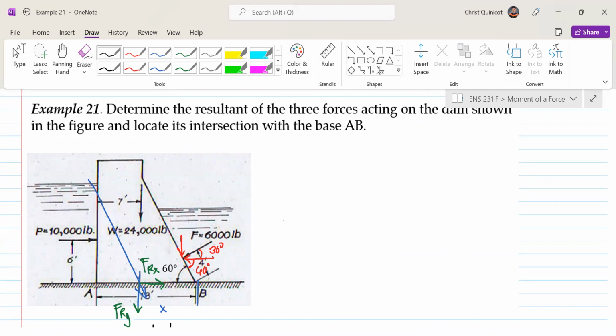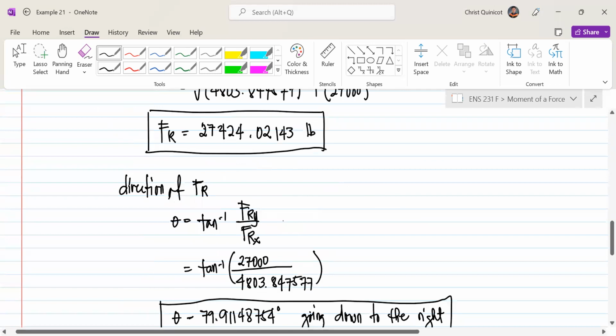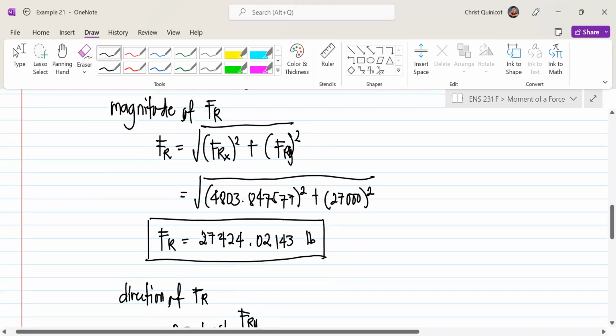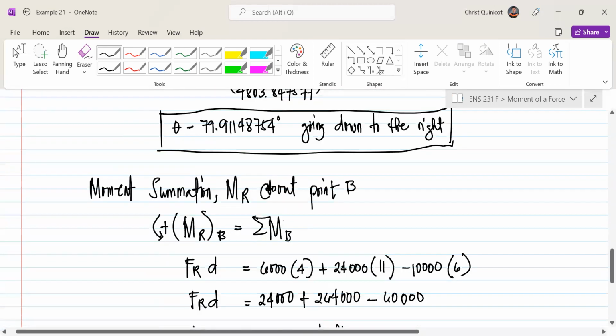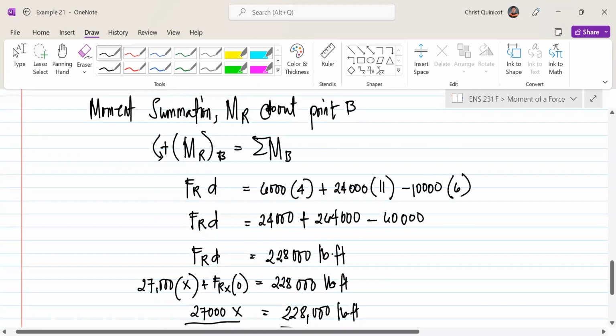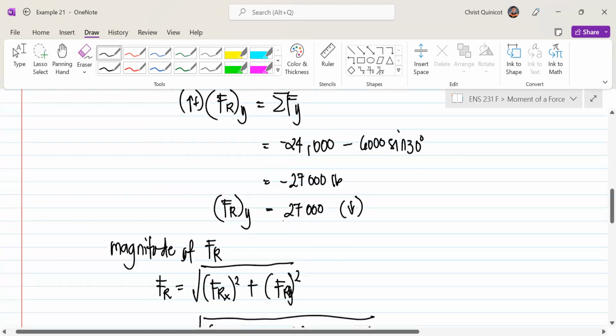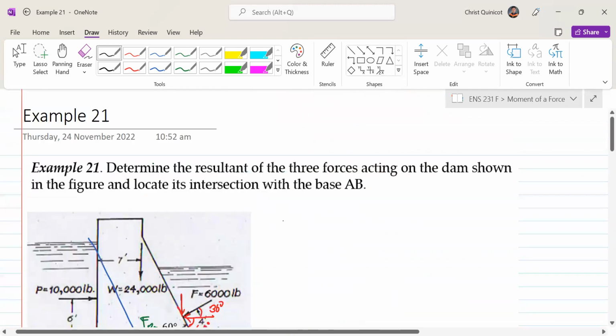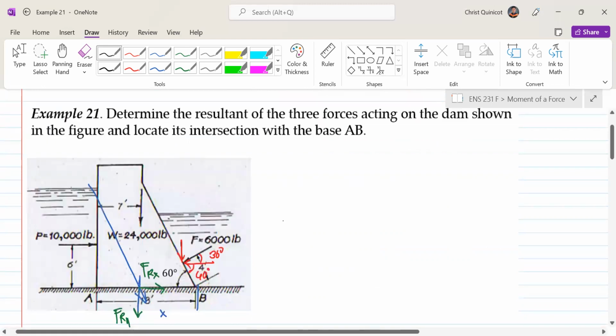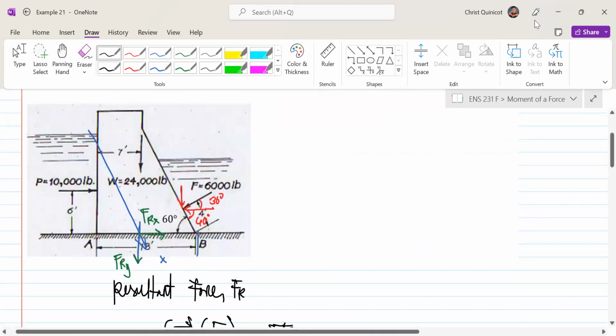But if, let us say, we just needed the distance from F sub R to B, then we simply substitute 27,424.02143 times D is equal to 228,000, and we find D. But again, here it specifies the point where it intersects a certain line, which is the base AB.